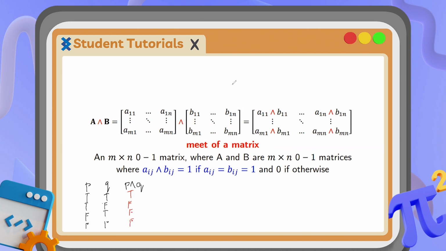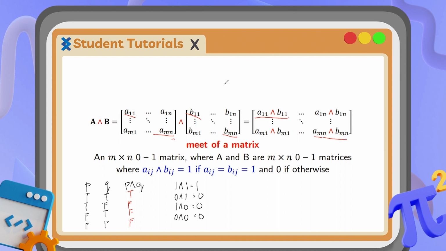Similarly, 1 and 1 would be equal to 1, and for the other terms in the matrix, 0 and 1, 1 and 0, or 0 and 0 are all equal to 0. And again, like matrix addition, you do this element-wise. So you apply the same operation and get this one. And then, let's say A sub mn meeting B sub mn would get the result over here.